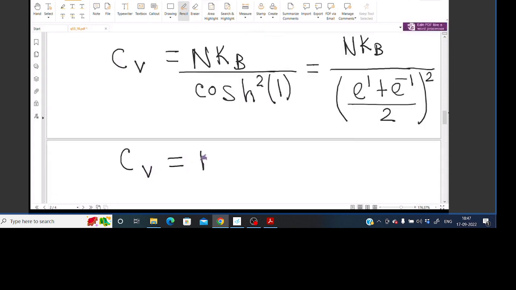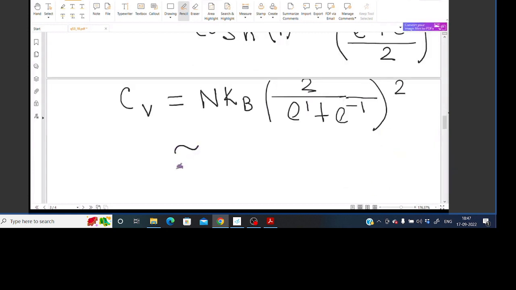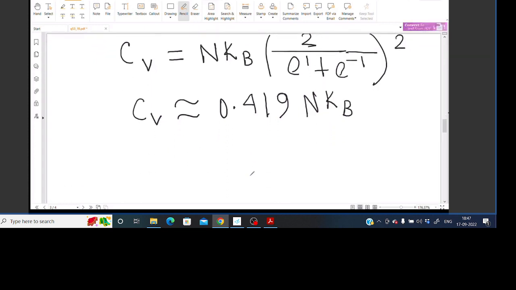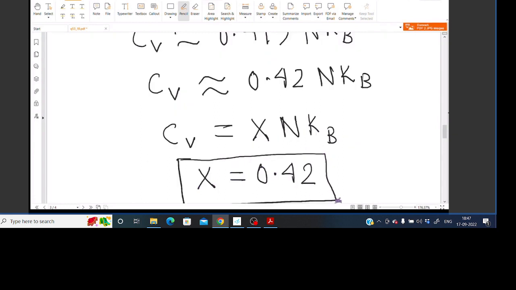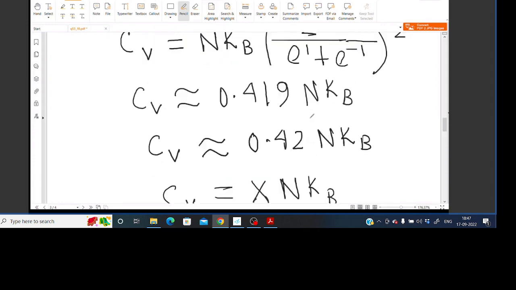So Cv is equal to n kB into 2 by (e to the power 1 plus e to the power minus 1) whole square. After some simplification, we get Cv is equal to 0.419 n kB, but in this question we need to write the correct value up to 2 decimal places. So this can be written as 0.42 n kB. So in this question we have found that x is equal to 0.42. So the correct answer is 0.42.